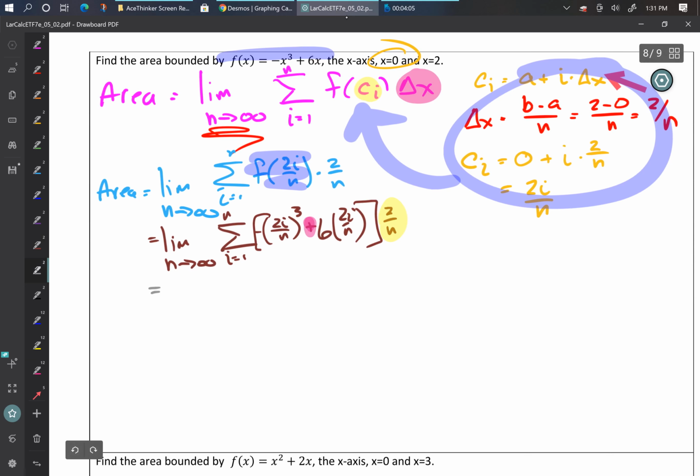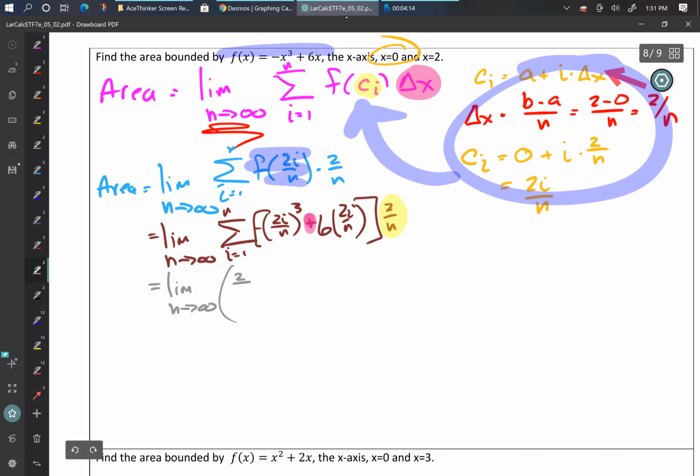So then that's going to give me the limit as n approaches infinity of a great big set of parentheses, because I'm going to have 2 over n times the summation of negative 8i over n plus the summation of 12i over n. I need this here too, because that 2 over n needs to get multiplied by both summations.